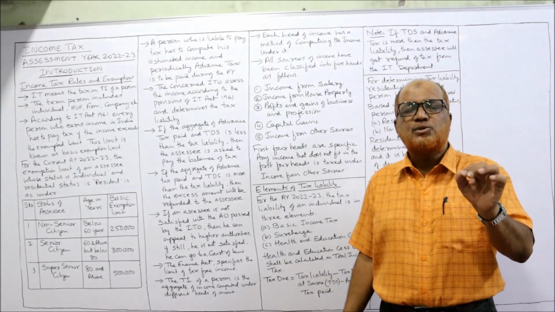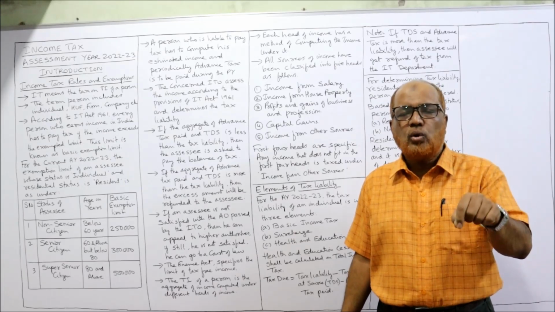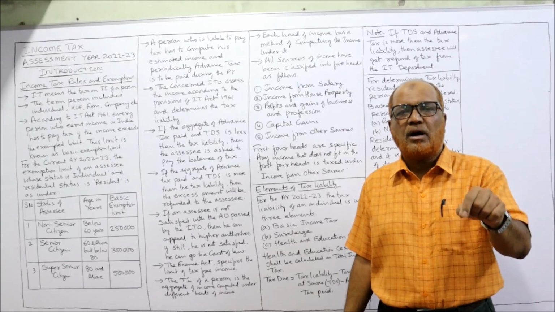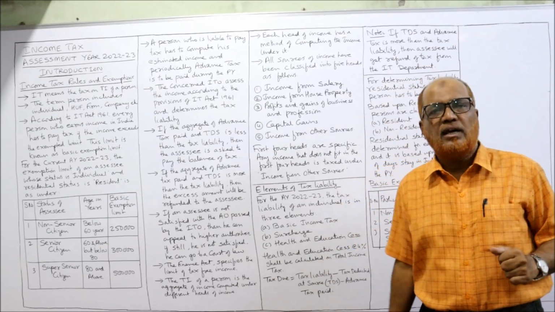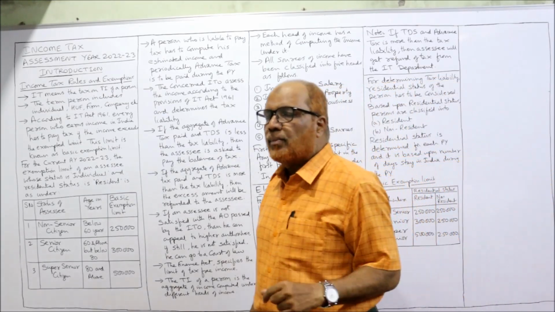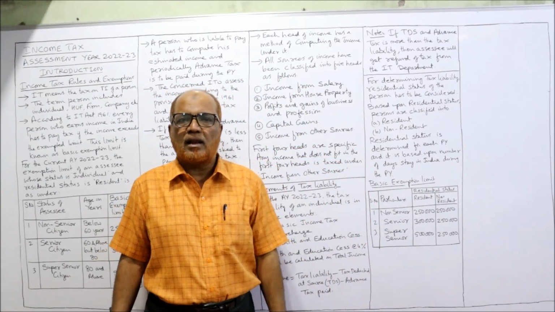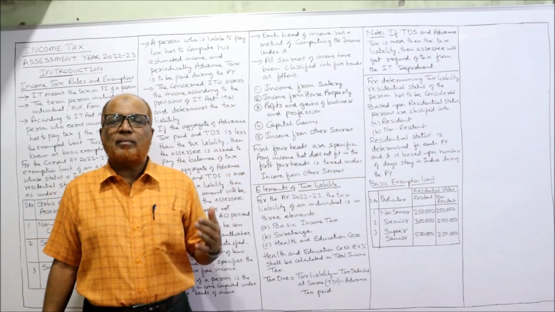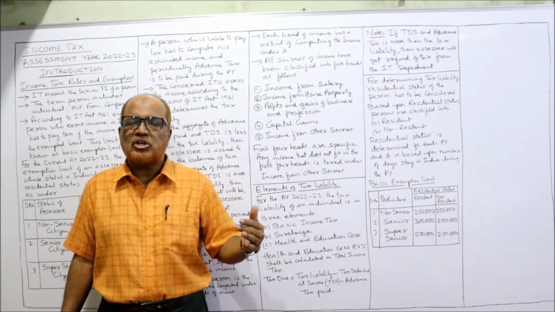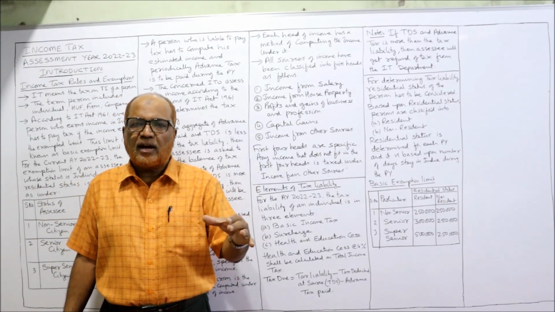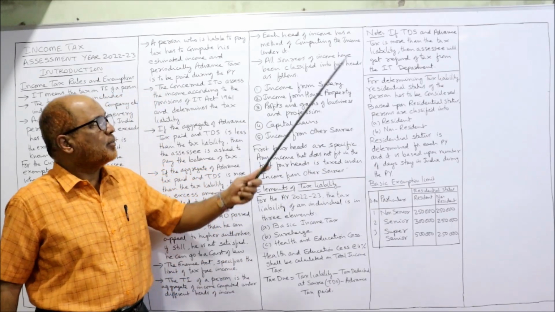The Income Tax Act has specified the procedure of computing the income under each head. Example: how to compute the income from salary, how to compute the income from house property, how to compute the income of business or profession. For each specific head, the Income Tax Act has given the procedure.